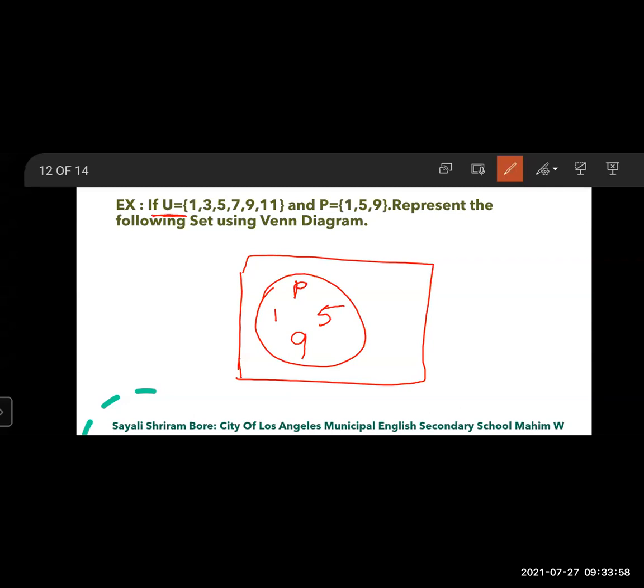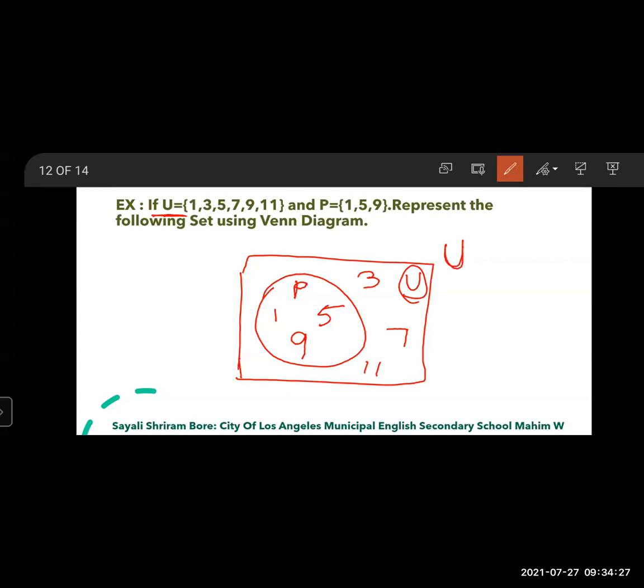And whatever the elements are there, they are in U. So 1 I have already written. What remains? 3, 7 and 11. So this is U. When it is mentioned that U is a universal set, then this U you have to write outside the figure.